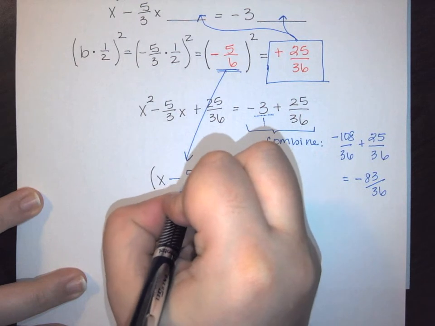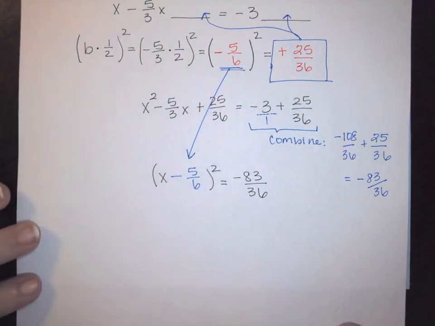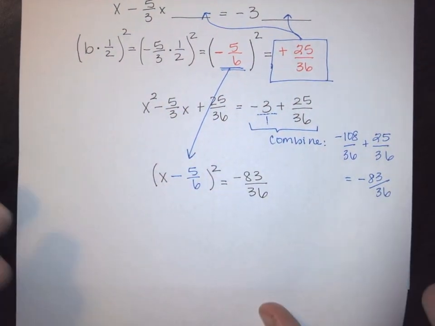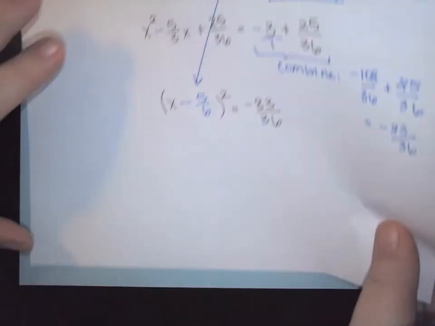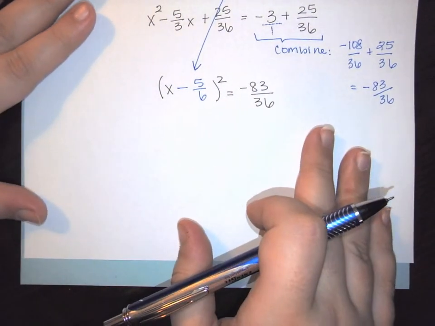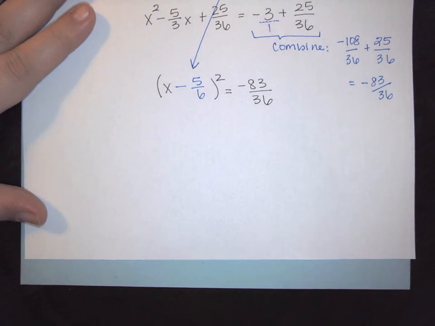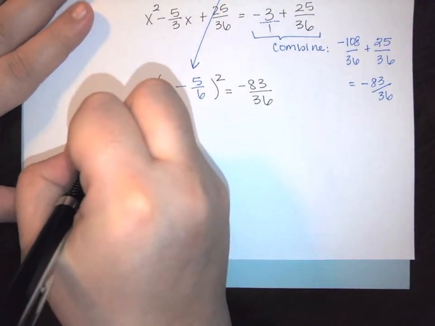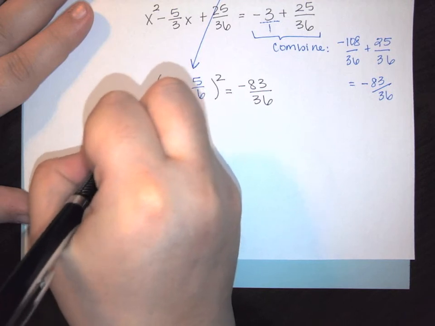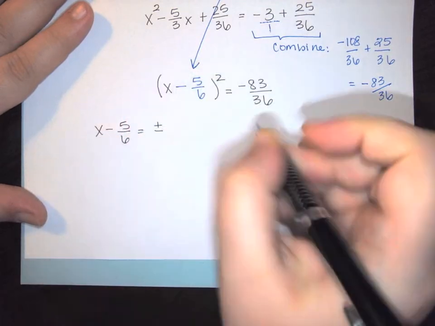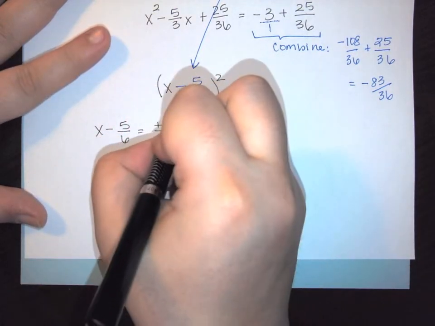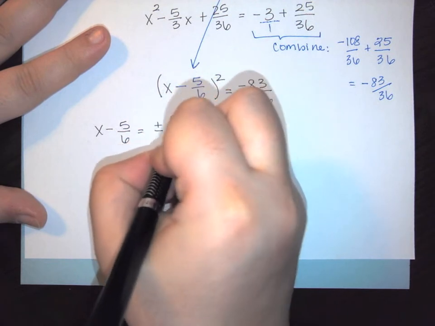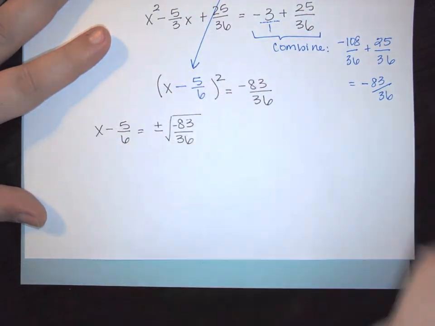So -5/6 goes inside. Once you have everything set up, it's just like before. We would go ahead and use that square root method. So in this case, we would end up with x minus my 5 over 6 is equal to plus or minus the square root of negative 83 over 36.